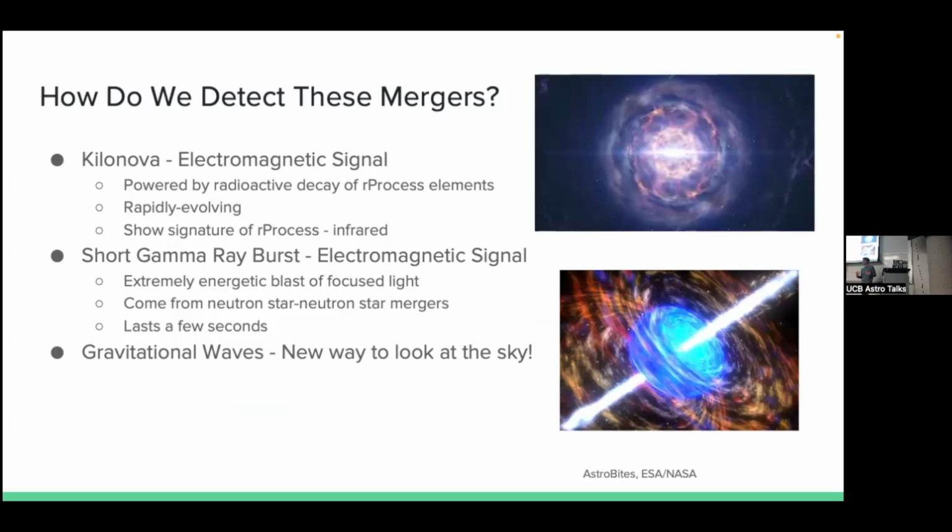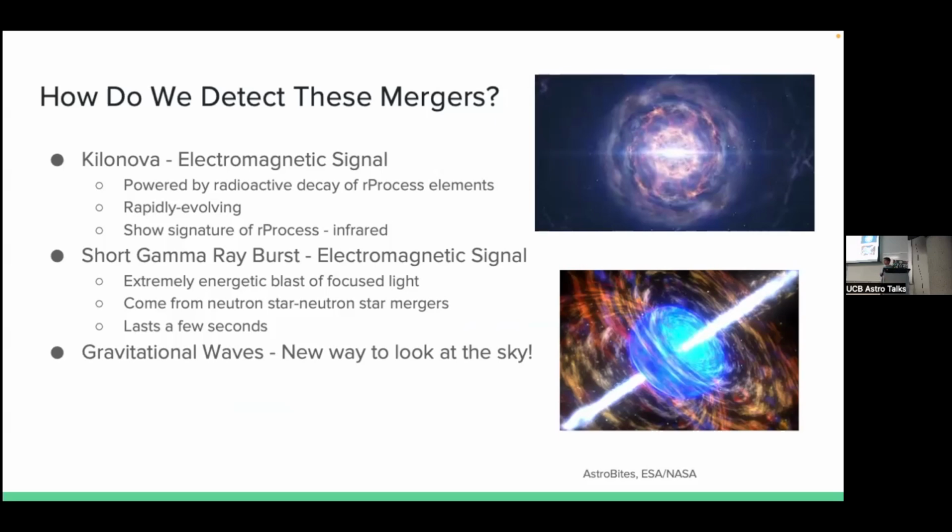That's still a pretty long time scale. We also talked about supernovae briefly, the ends of stars, which last for something like months. Kilonovae, on the other hand, are very fast. Those are only days, if not a week. So they're really just a blip in the night. We've got to be really on our game in order to catch these things in action.